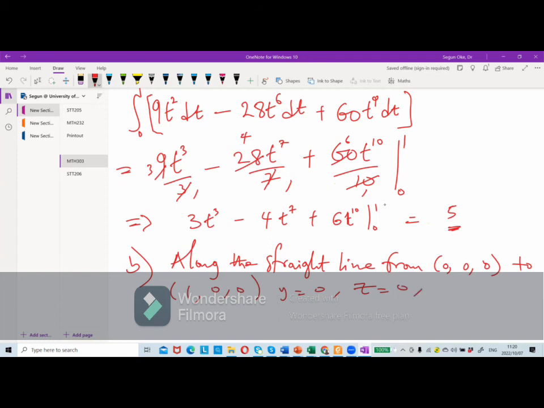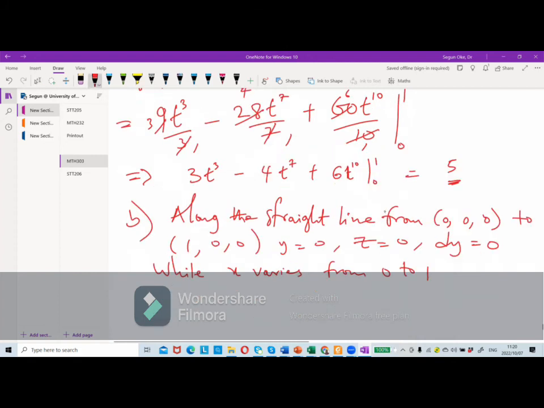And our dy is equal to 0, dz equals 0. x varies from 0 to 1. Remember that only this one remains, the others are 0. Then the integral part over this is very simple, the way we solve the first one. So what we need to do is just go to the integral part.